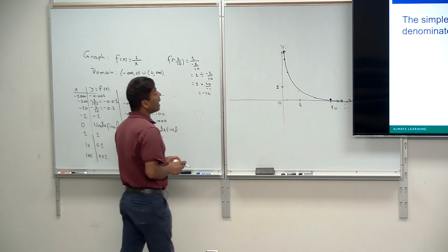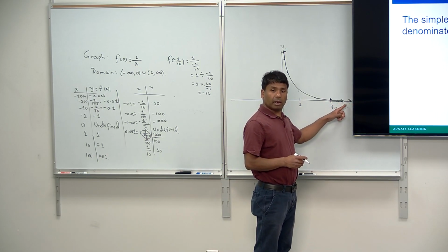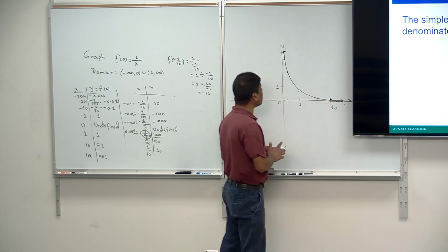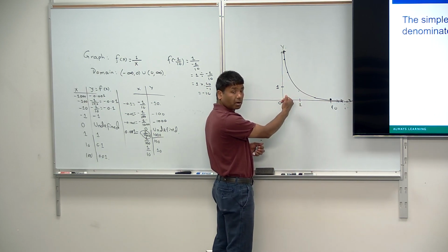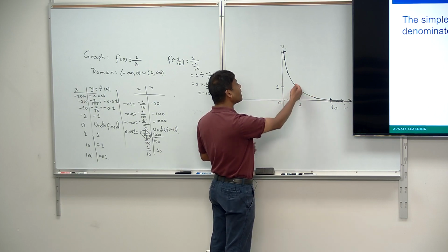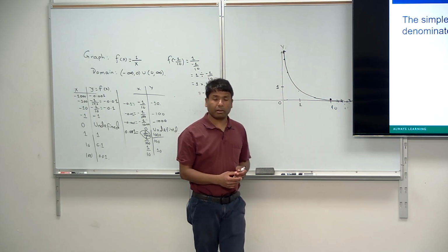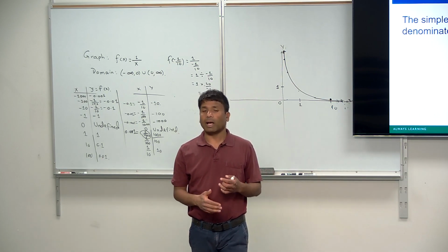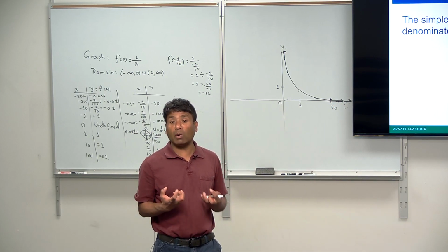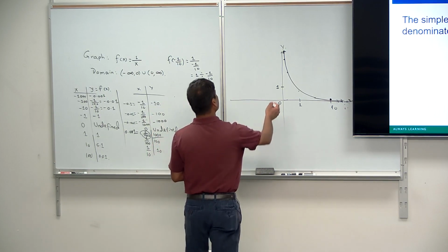As the value of x gets larger and larger, your y value approaches 0. If x approaches 0 from the right, it goes to positive infinity. Or you can say the value of y increases without bound. That makes sense? Yeah, you see, it increases like this.